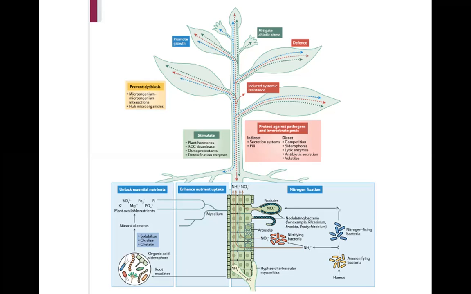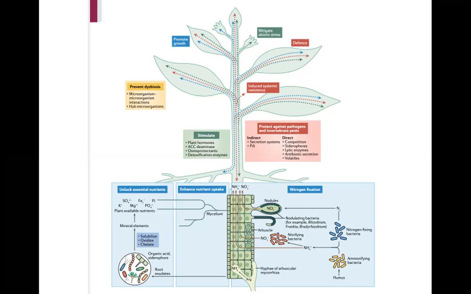In return, they decompose organic and inorganic compounds in the soil, which is called mineralization or decomposition. For example, organic matter decomposition or like that. And they release the ions present there.